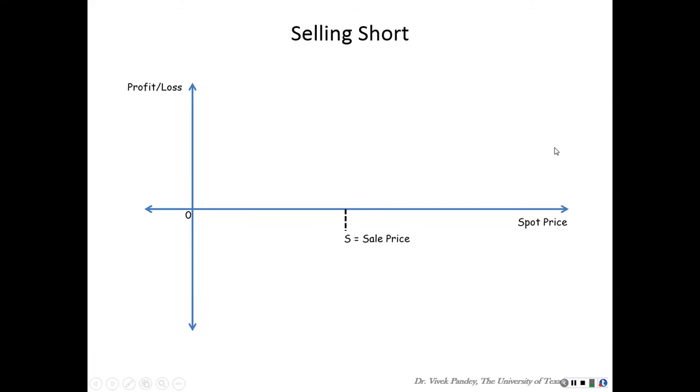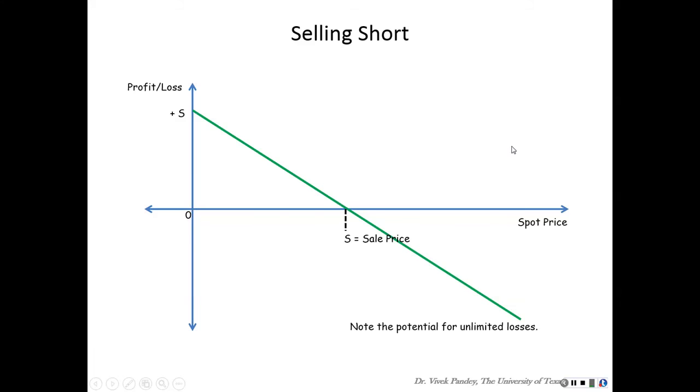So suppose you sell it for this S price, the sale price, S. Then, of course, if the price falls, you will be able to buy it back at a lower price, right? And you make money as the price falls. But as the price rises, well, you still need to return those shares of stock, and you may have to buy those shares from the open markets to return your loan, which is in the form of shares of stock.